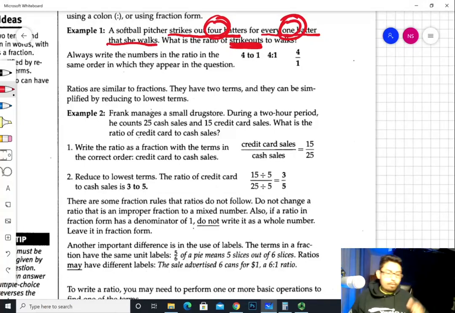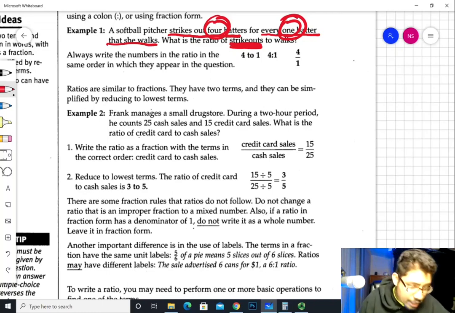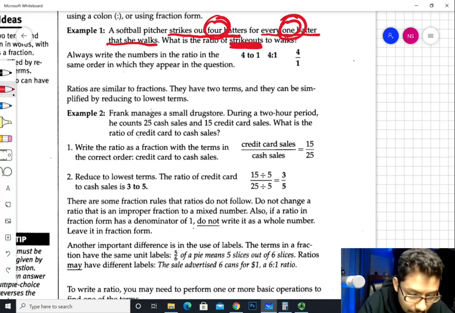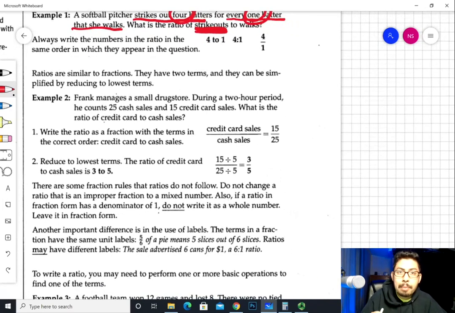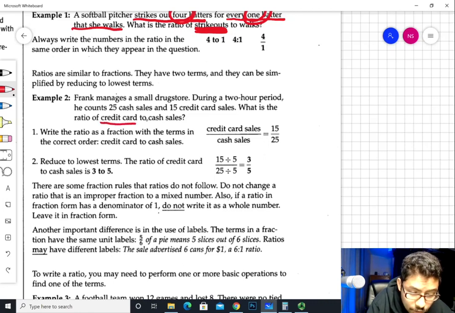What is the ratio of credit card to cash sales? So you're a master at ratios now, right? You know this is a ratio question because they ask you what is the ratio of something to something. Then you got to remember what the something to something of the question was. Well, the question, what is the ratio of credit card to cash sales?